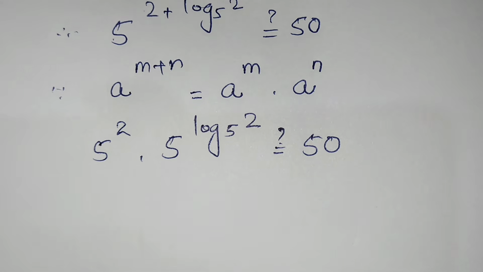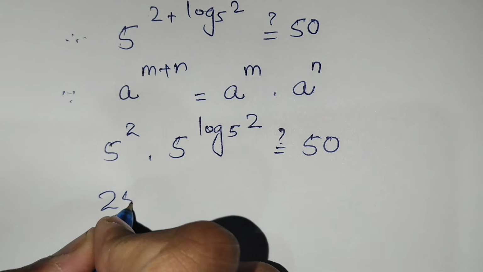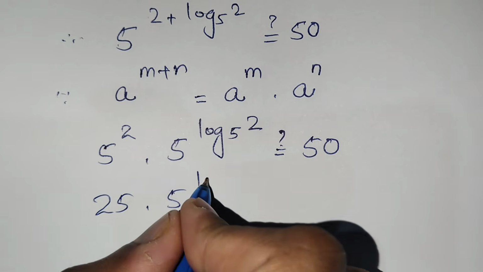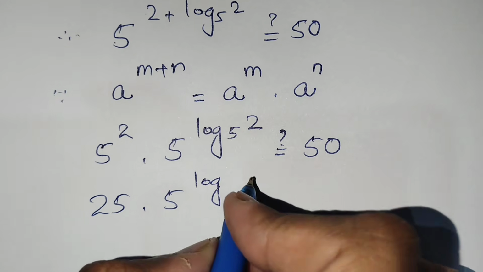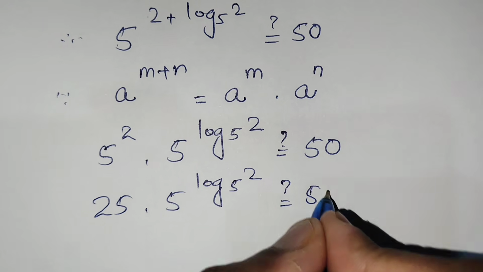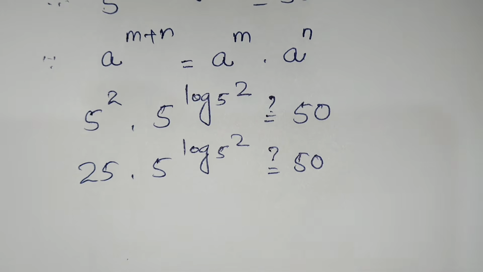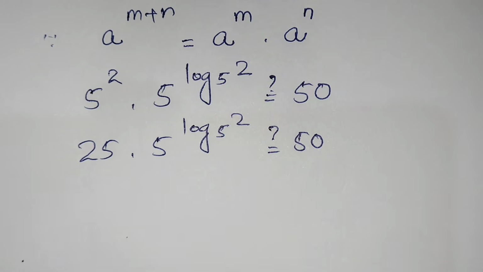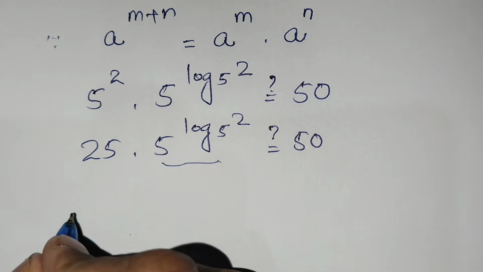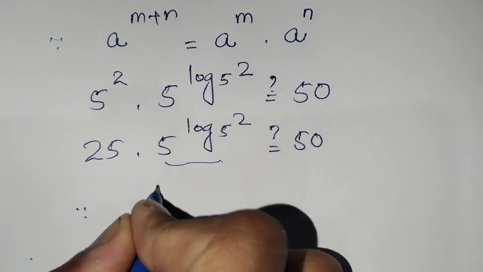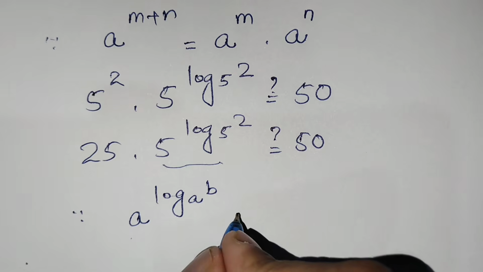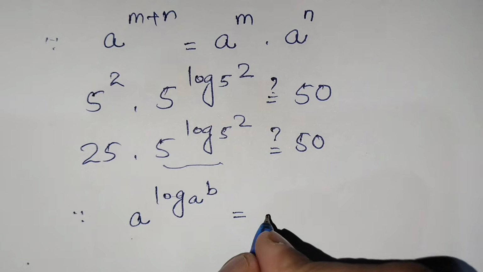Now 5 squared is 25, times 5^(log of 2 to the base 5), equals 50. Here we will use a formula for this: a^(log of b to the base a) equals b.